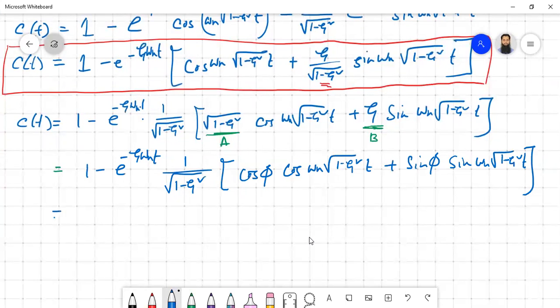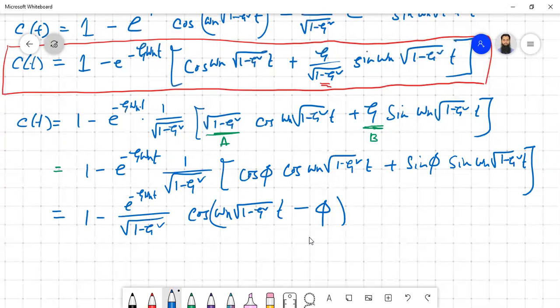Okay, so one can write it as something like 1 minus e to the minus zeta omega n t, divided by root over 1 minus zeta square, then cos of omega n root over 1 minus zeta square t minus phi. Okay, so this is what it should look like. So this is another format. If you are not happy with two sinusoidal signals, you can express it in terms of a single sinusoidal signal. So this is what we are going to do.